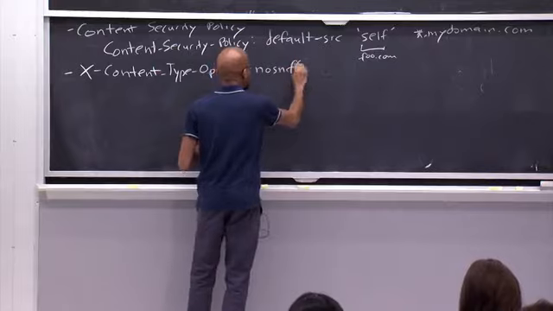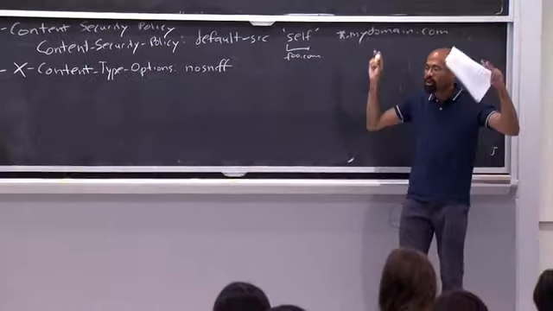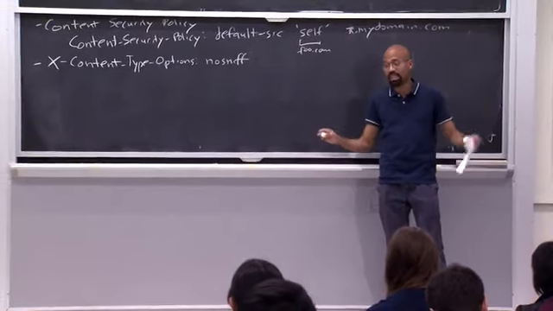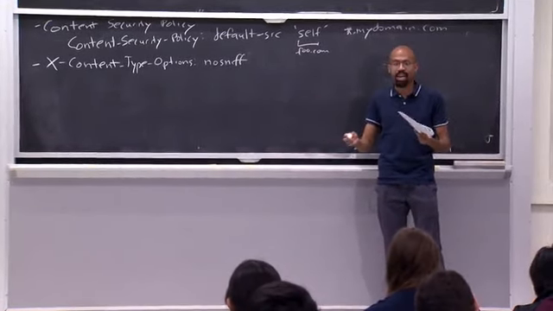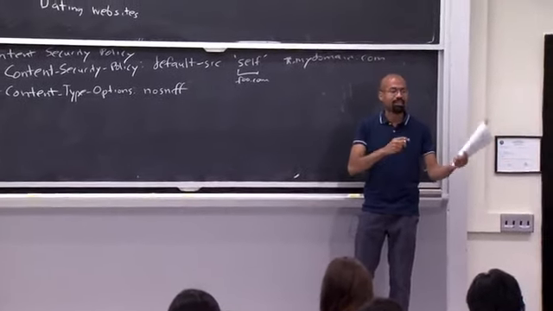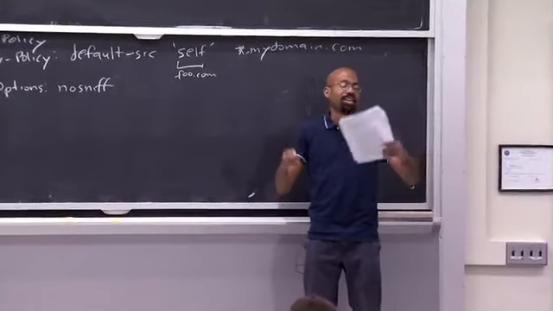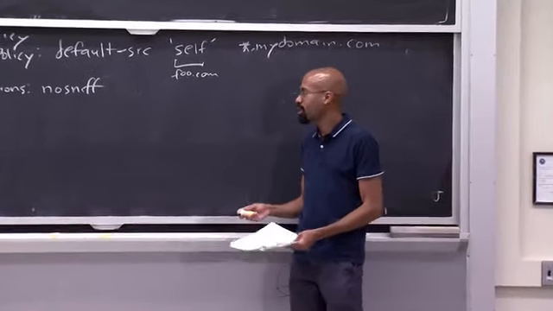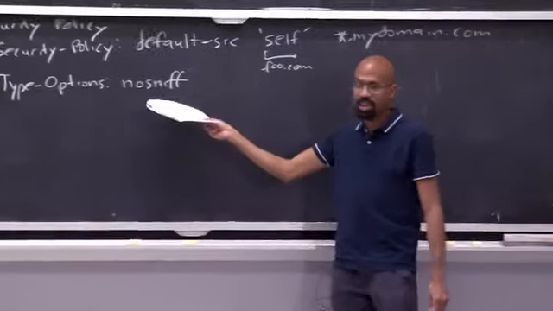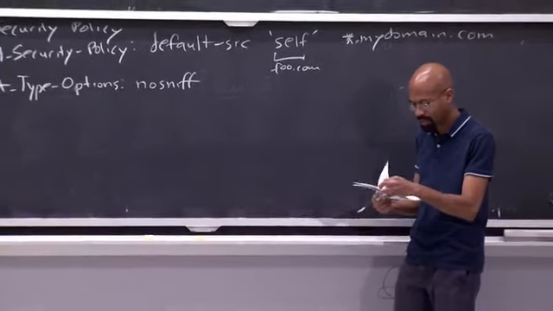What this means is that it prevents the browser from doing some of those quote-unquote helpful optimizations we discussed last lecture, where it says, aha, there's a mismatch between the file extension and the actual bytes that I've sniffed in the content, so let me somehow massage this content into some different thing, and then all of a sudden you've given the barbarians the keys to the kingdom. So you can set this header and basically say, browser, do not do that. That can be useful in mitigating some types of attacks as well.